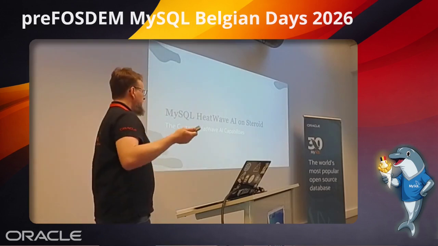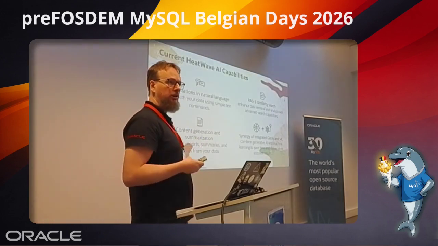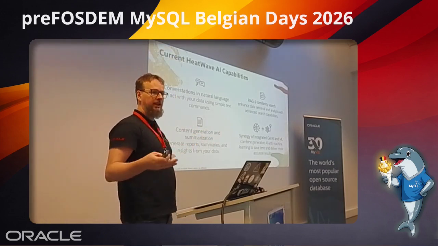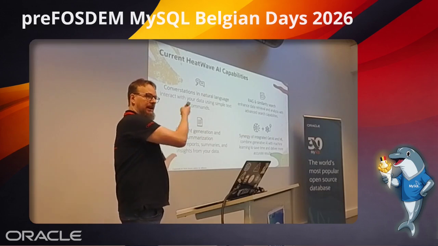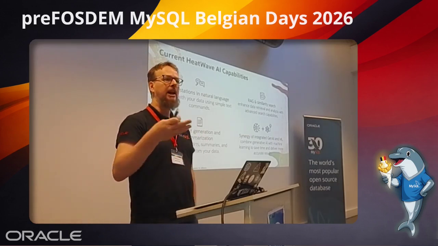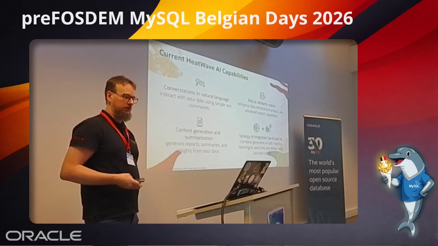So what can we do with this? We can do conversations in natural language. So we can interact with the data, and these LLMs on the HeatWave machine can help us to interact with the data.